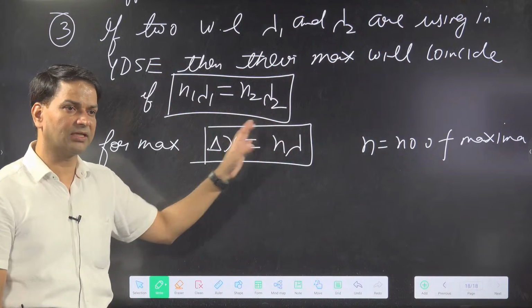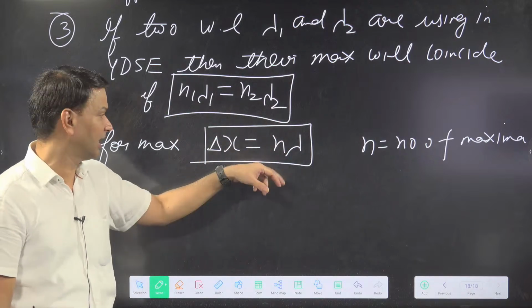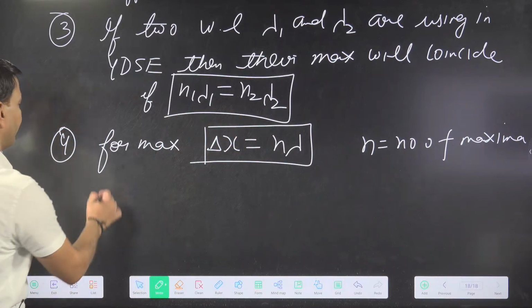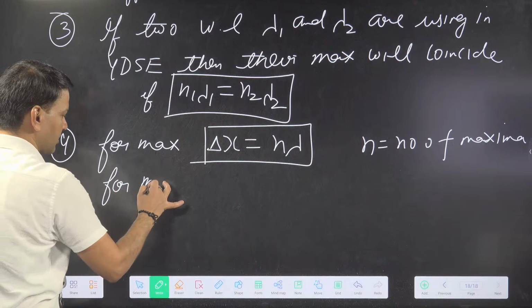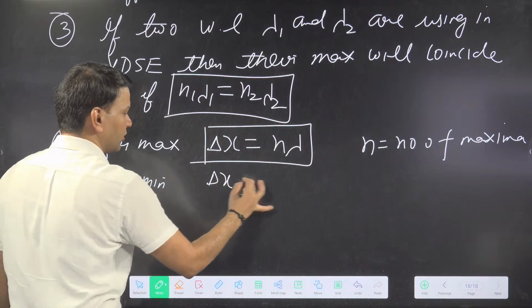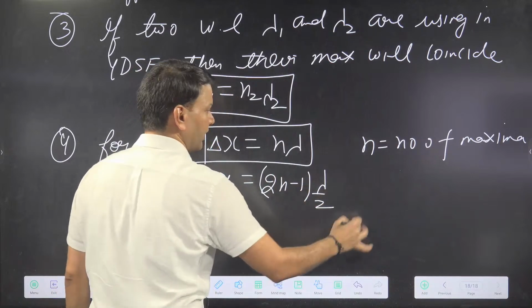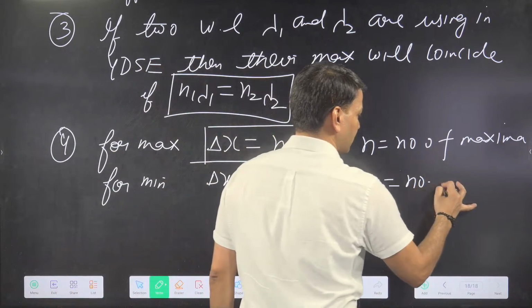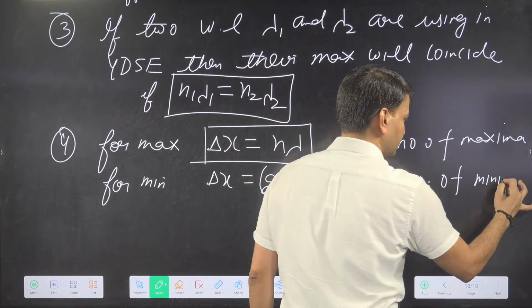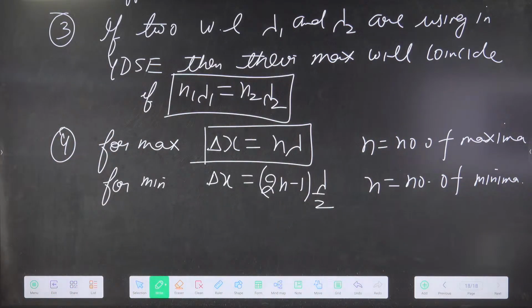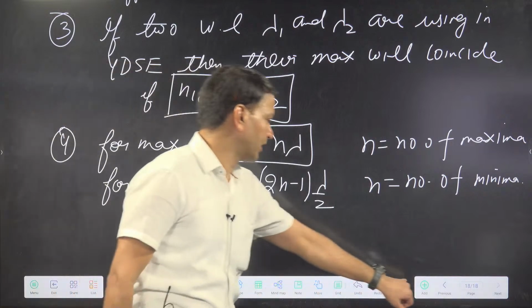First maxima lambda, second maxima 2 lambda, third maxima 3 lambda. For central maxima, n will be 0. And for minima, delta x is equal to (2n minus 1) lambda by 2, where n is the number of minima. These are the main things that we have to remember in YDSE.